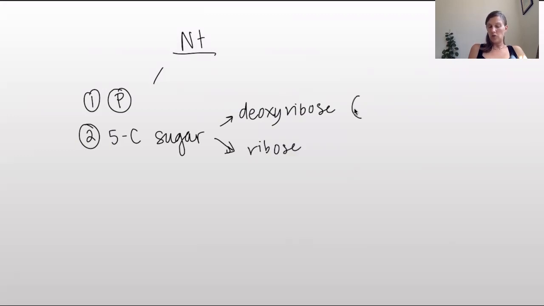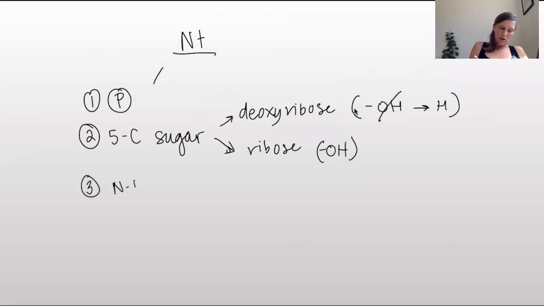Remember, deoxyribose, instead of having an OH, has an H in one of the positions, and ribose has an OH. And the third is that they have nitrogenous bases, right? So these are the monomers.